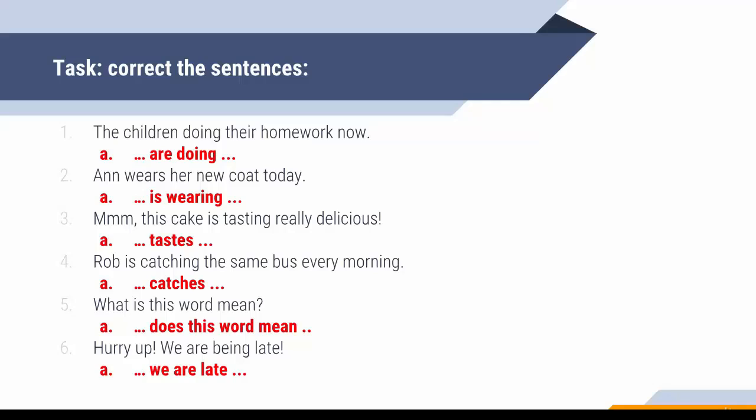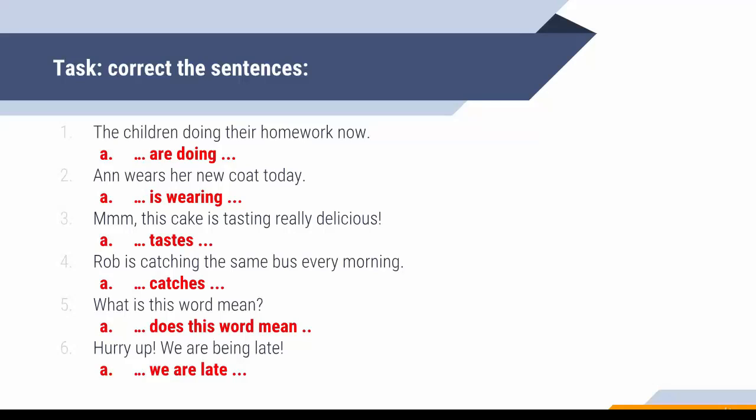What does this word mean? No, you can't use it in this way. The correct sentence: what does this word mean? The correct way to form a question in present simple. Hurry up, we are being late.